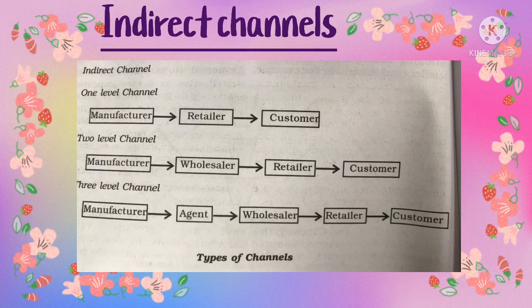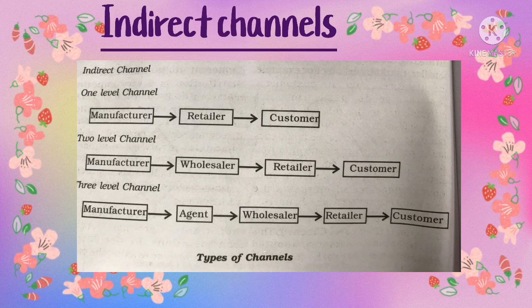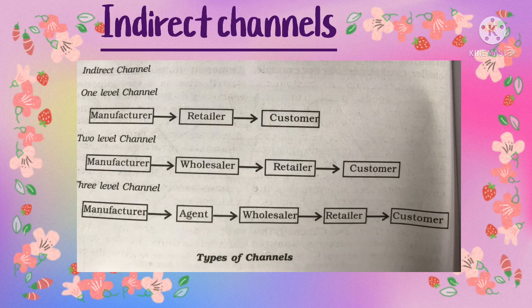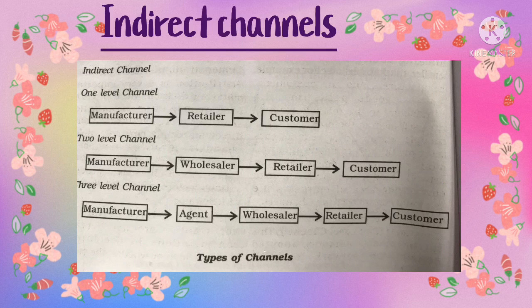I think many of you have shops or small retail shops in your village area or surrounding area. Mainly those retailers don't go to the manufacturers to buy those products. What they do is they go to the wholesalers to buy the product in a larger quantity at a reasonable or cheaper price, and then bring it, and then the retailers sell those products in a smaller quantity to the customers.